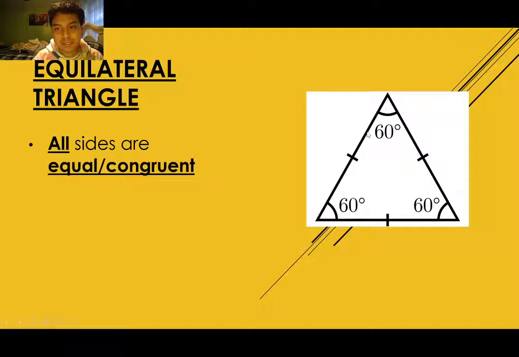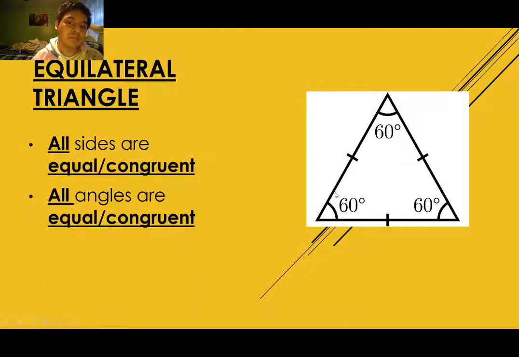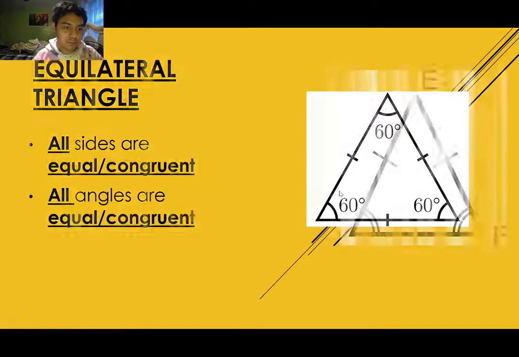So that means that these little tick marks indicate that all the sides of this triangle are congruent. And that means that also all the angles are congruent. Notice that we have a 60 here, a 60 here, and a 60 here. So that means that all of these angles are congruent because they're the same degrees. They're all 60 degrees.